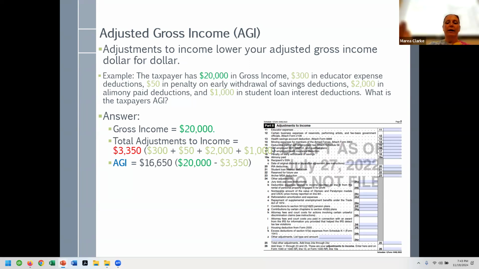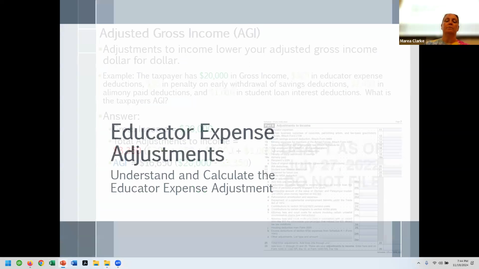So in this example, you had educator expenses, penalties, like a whole list of things. Basically, you can add those all up and subtract that to get your adjusted gross income. These are generally not very common things for us to see, but some of them do happen on an infrequent basis.